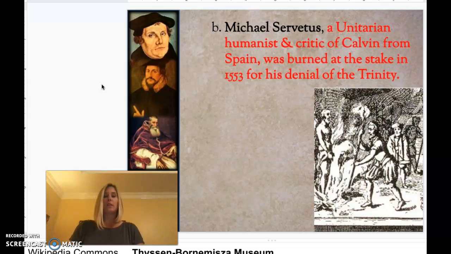And Servetus did not believe that. So all of those who were followers of Servetus, who agreed with him and not Calvin, are going to be known as Unitarians. And of course, that's where we get the Unitarian Church from. So again, make sure you are getting this down for Michael Servetus.